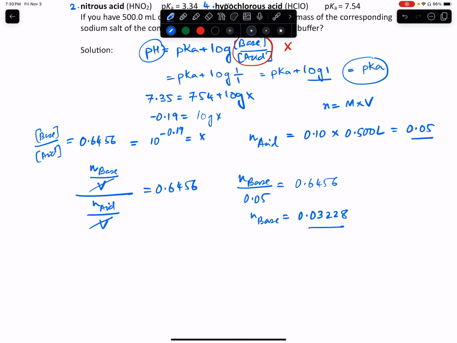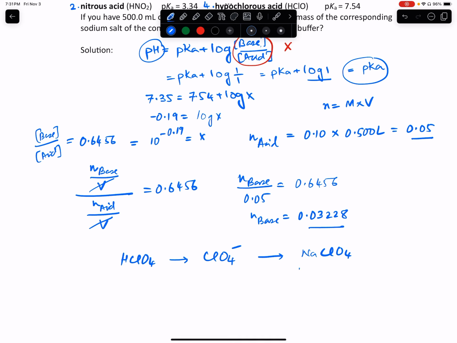Now let's figure out the molar mass. If the acid is HClO4, the conjugate base would be ClO4 minus, and the sodium salt of this is going to be NaClO4.